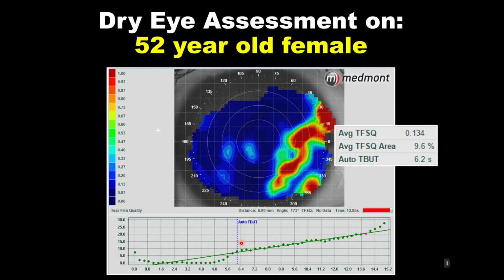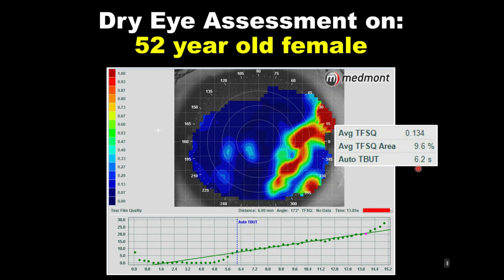So the tear film breakup is the important measure, the auto TBUT, the auto tear breakup time. The Medmont determines non-invasively at what point you get tear film breakup. In this case, 6.2 seconds on this patient.